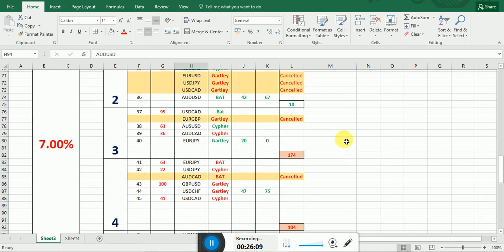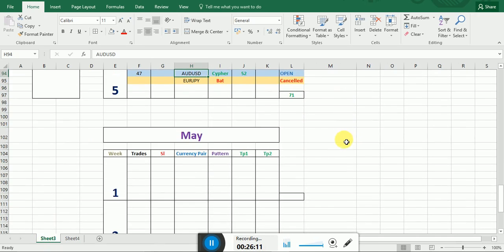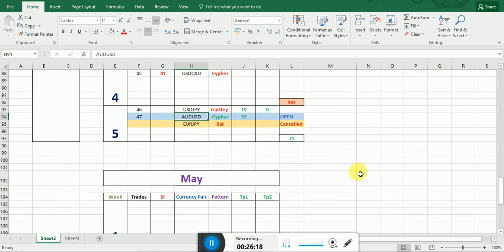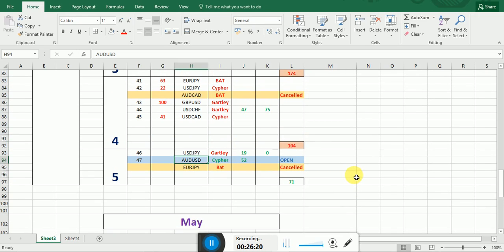So anyway, as you can see, guys, it hasn't been pretty. In fact, it has been far from pretty, but this is the kind of thing you should prepare yourself for as a trader. Like I said earlier, this is the test really.